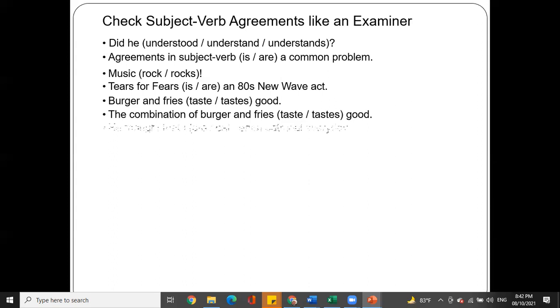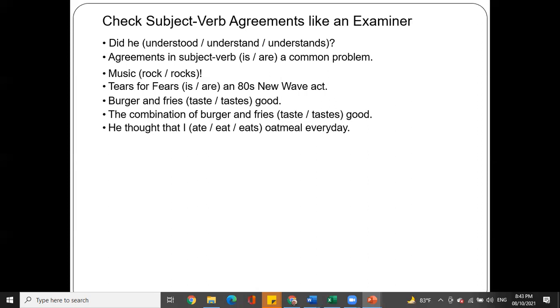So the subject is the combination. He thought that I eat oatmeal every day. The subject is I. He thought that I eat oatmeal every day.